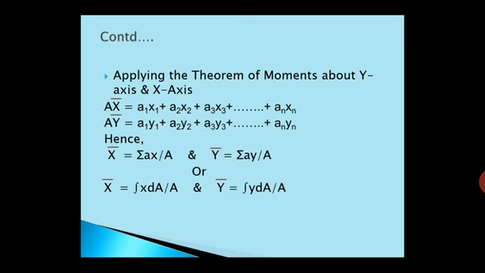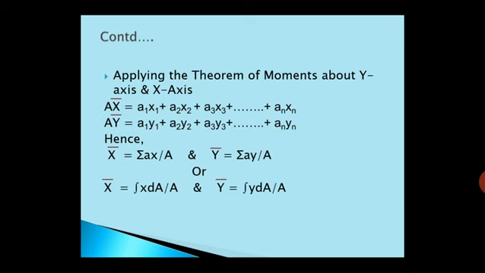Similarly, we'll get y bar: A into y bar is equal to summation of Ay, that is A1y1 plus A2y2 plus A3y3 and so on, divided by A, which is the total area.